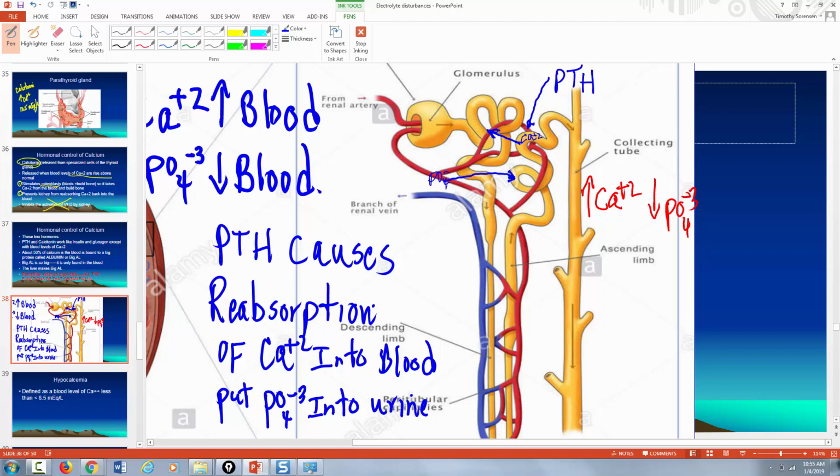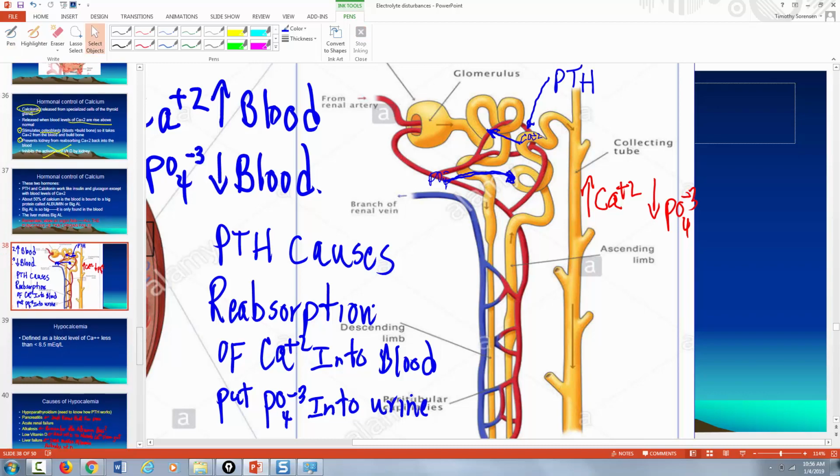But PTH then also causes phosphate that was going to stay in the blood to get dumped into the urine, and then it gets peed out. So elevated calcium levels typically lead to a decrease in phosphate levels. All right? Okay. So that's a little introduction.